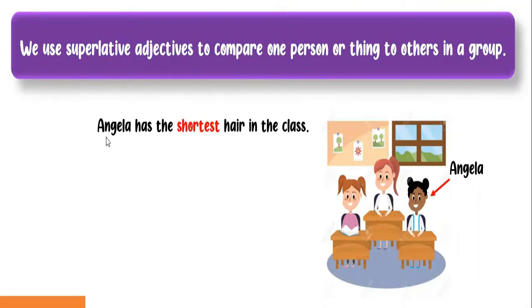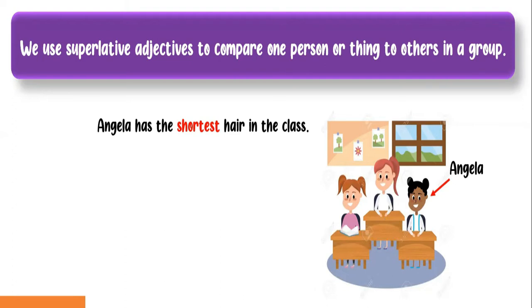And we have an example here. Angela has the shortest hair in the class. Shortest is the superlative, yes? We're using this word to compare the hair of Angela with the hair of the other girls in the classroom, yes? In this case, I'm not comparing two girls, I'm comparing three.